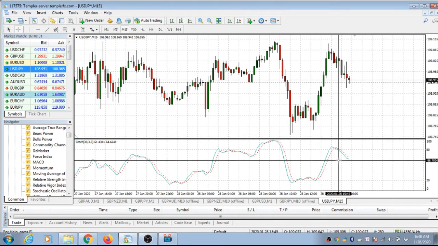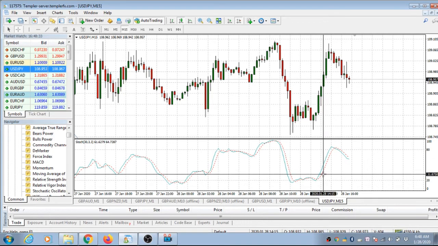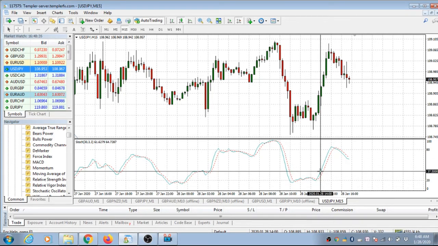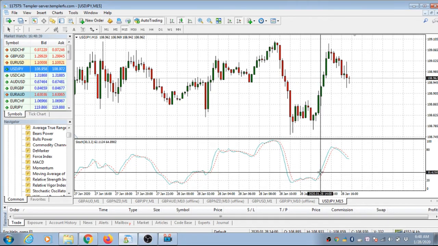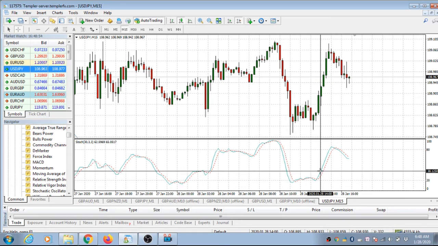Okay, the other thing you need to note is that there is a blue line and a dotted red line, which means that if the blue wave or line is on top of the red wave, the buyers are stronger than the sellers. So now this is your opportunity to buy.